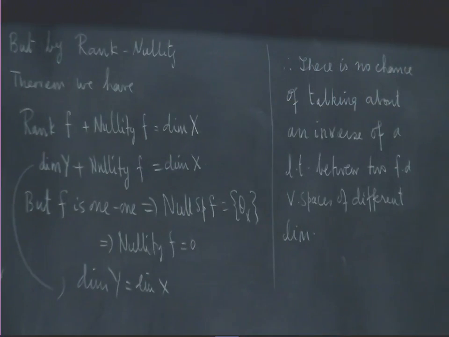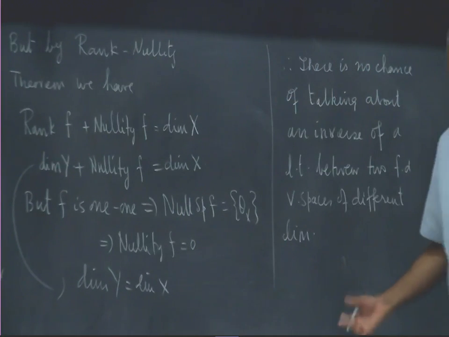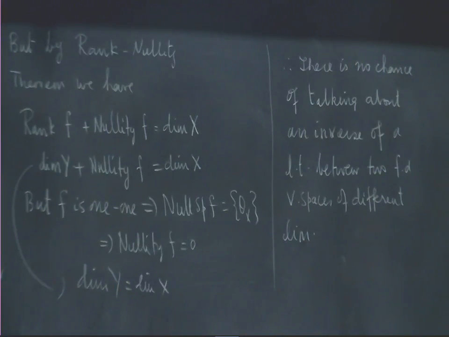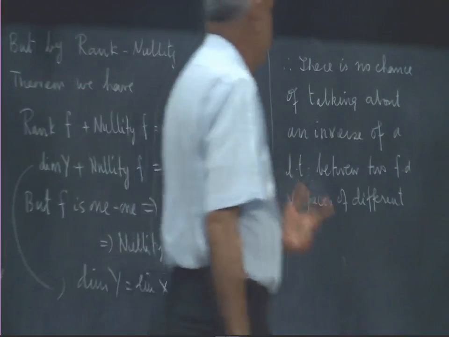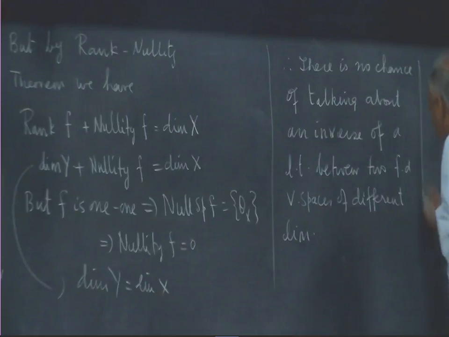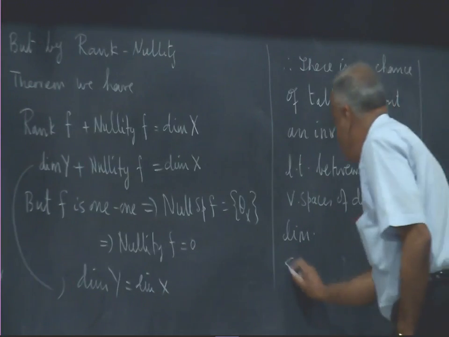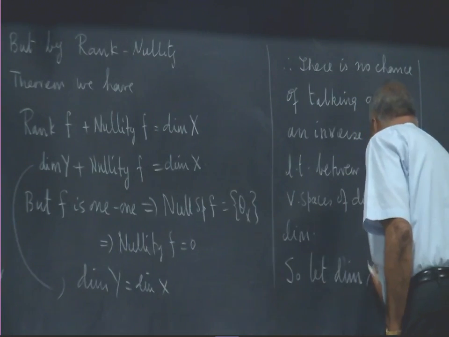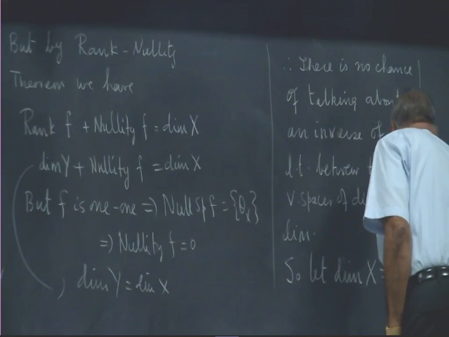For different dimension, there is no hope of 1-1 and onto, because if it is 1-1 and onto, the dimensions of the two spaces have to be the same. So we have to look at only such cases. So therefore, let dimension x equal dimension y.